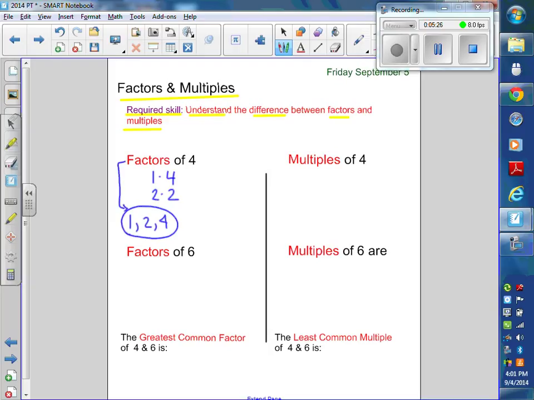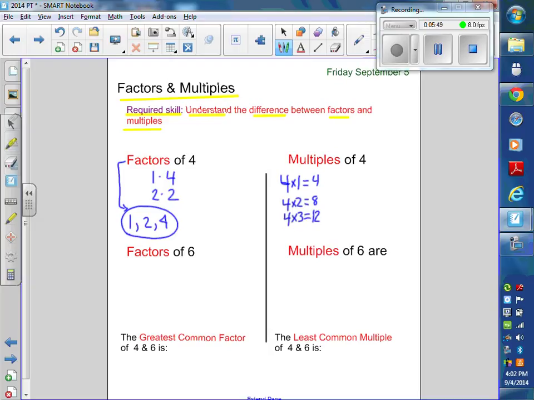The multiples of 4 are found by multiplying 4 by all the counting numbers. So 4 times 1 is 4. 4 times 2 is 8. 4 times 3 is 12.